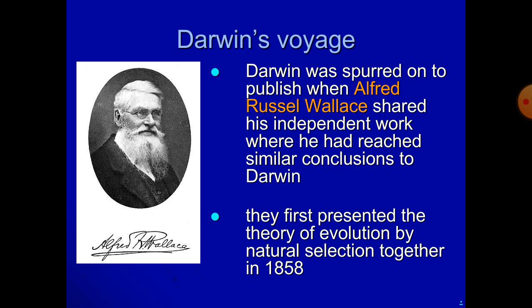That is why Darwin was immediately prompted to publish his book entitled On the Origin of Species by Natural Selection, because Alfred Russel Wallace had already got the idea about the theory of evolution aside from Darwin. But they together presented the theory in 1858.